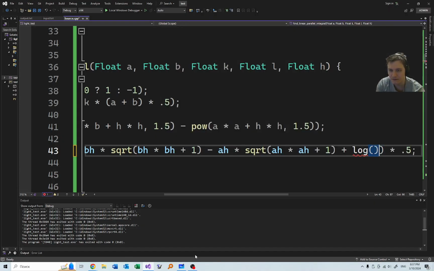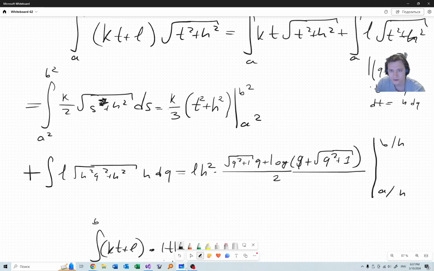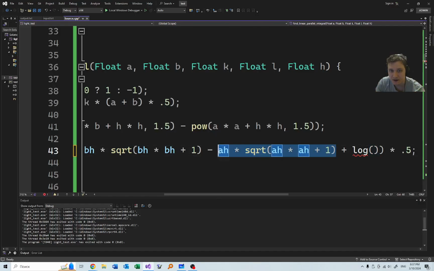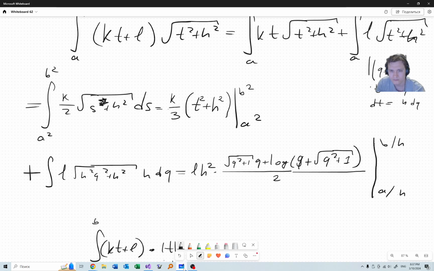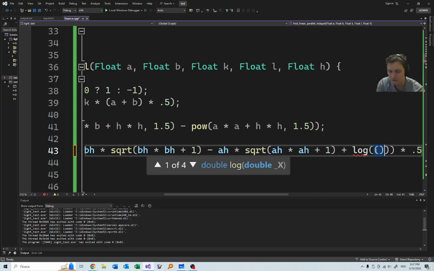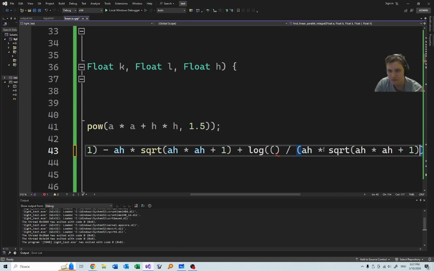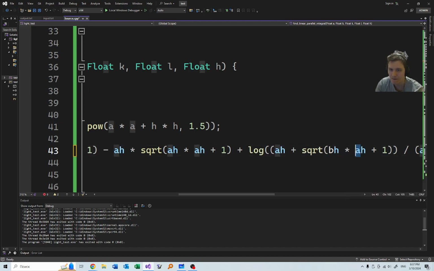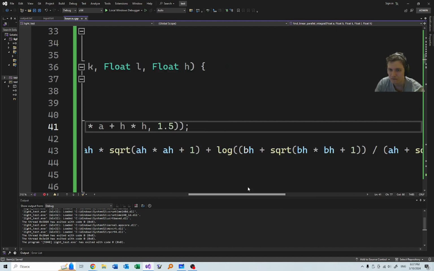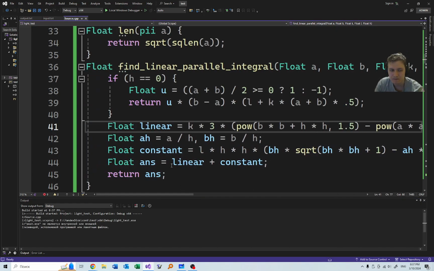Okay, let's continue. So b minus a plus logarithm of the same thing. Okay, we have solved at least one case.